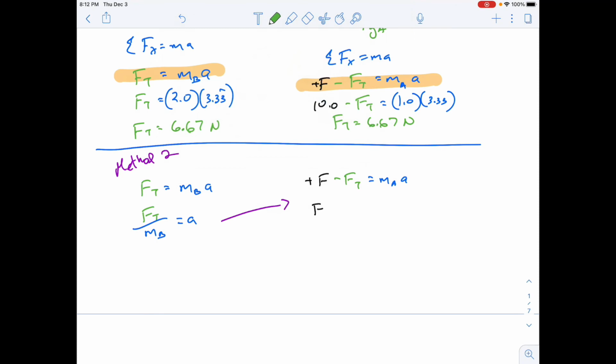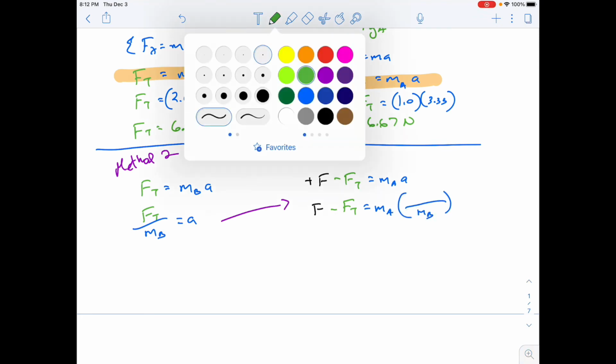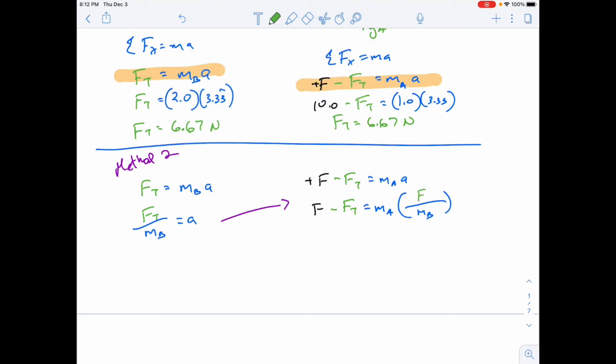I'm going to say F minus Ft equals MA, and then I'm going to plug in the Ft over MB for the acceleration.